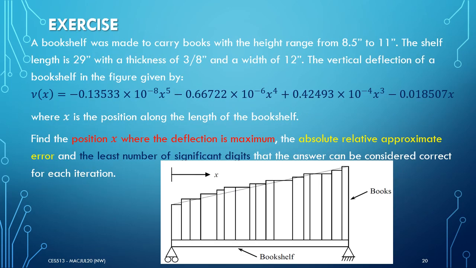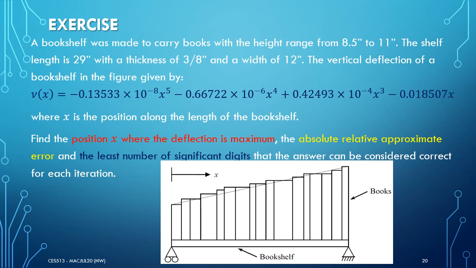For the closure, please do this exercise using the Newton-Raphson method. The problem is a bookshelf was made to carry books with the height range from 8.5 inch to 11 inch. The shelf length is 29 inch with a thickness of 3/8 inch and a width of 12 inch. The vertical deflection of the bookshelf in the figure is given by that equation, where x is the position along the length of the bookshelf.